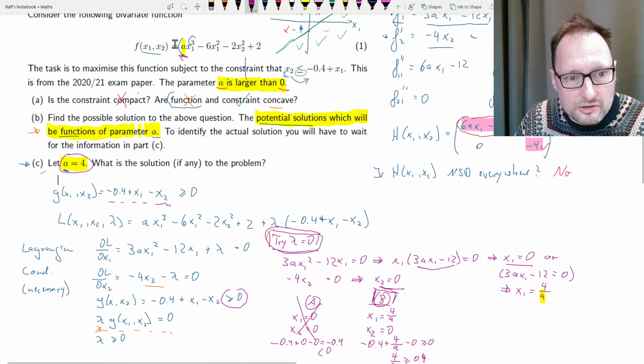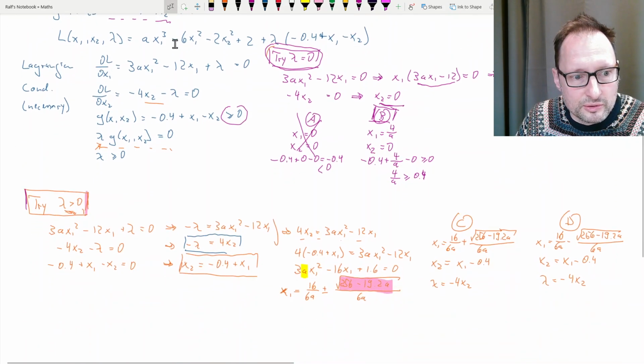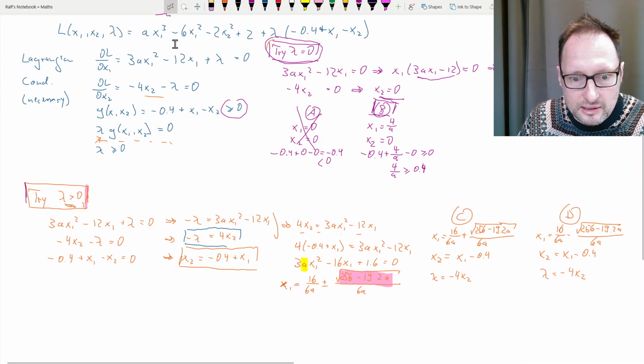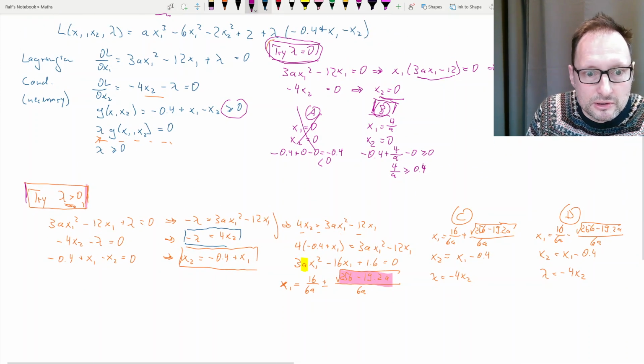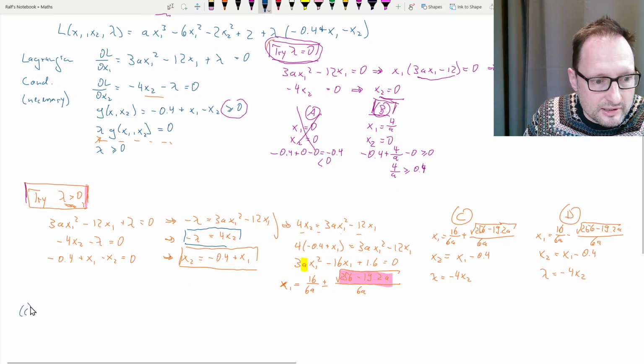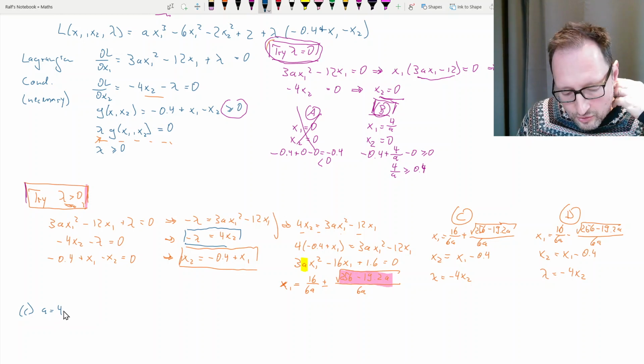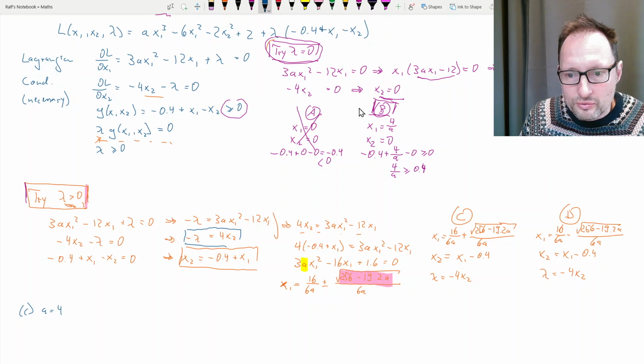Okay, so let's move on with our problem. So part C here, A is equal to 4. That means we can now actually look at our 3 remaining potential solutions.